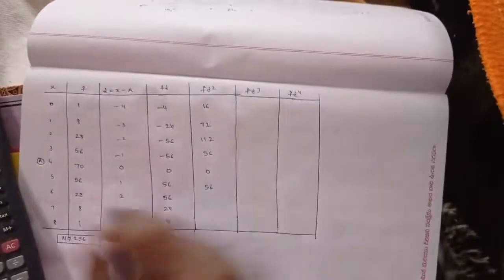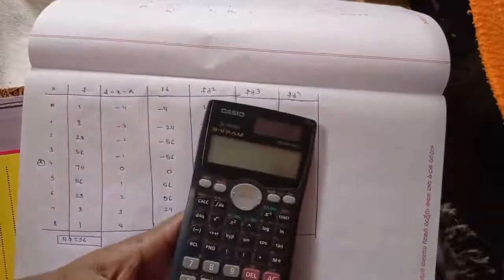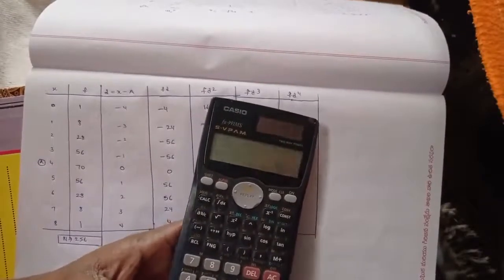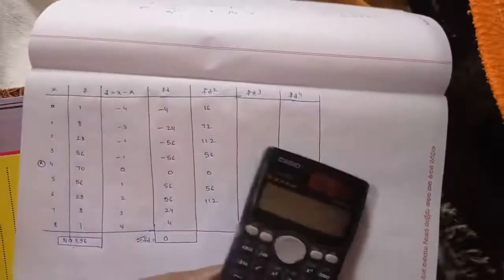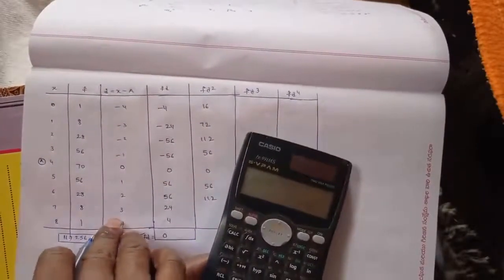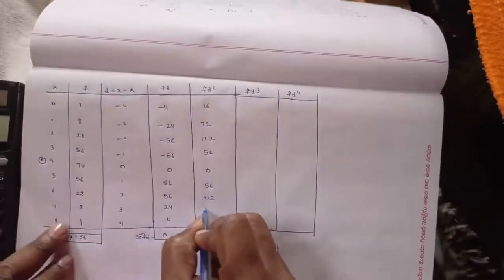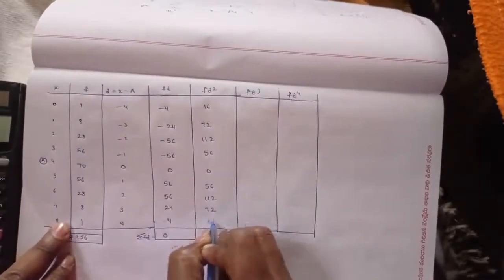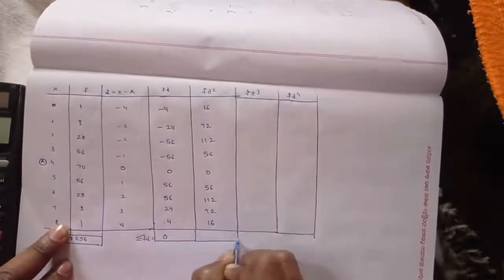56 into 1 is 56. Then 28 and d is 2, we get 112, 8 into 3 squared gives 72 itself, and 1 into 4 squared gives 16. So 72 as well as 16. Let us sum up this fd square.